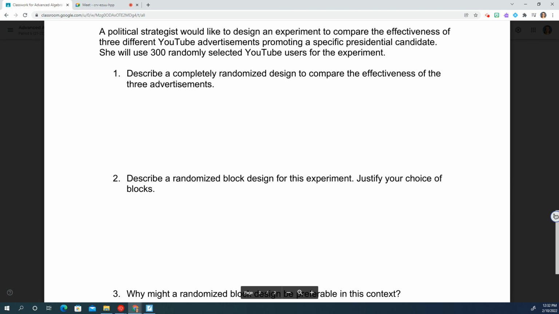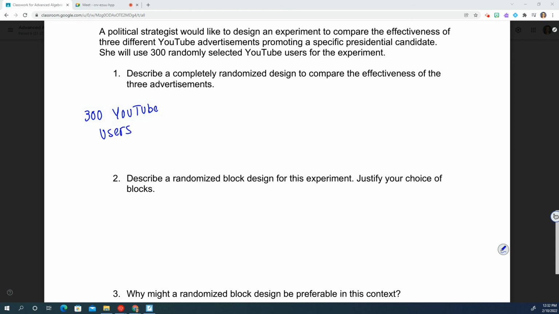Describe a completely randomized design to compare the effectiveness of the 3 advertisements. All right, so we have 300 subjects here, YouTube users.